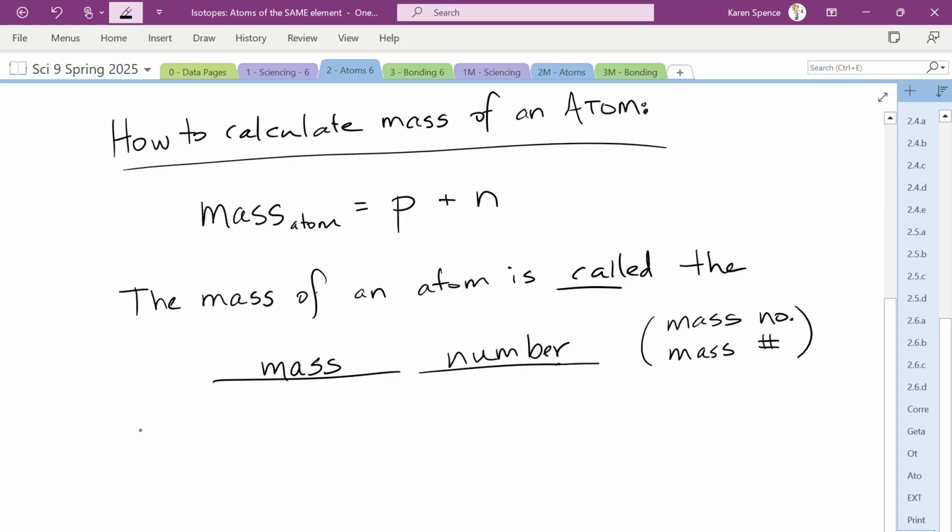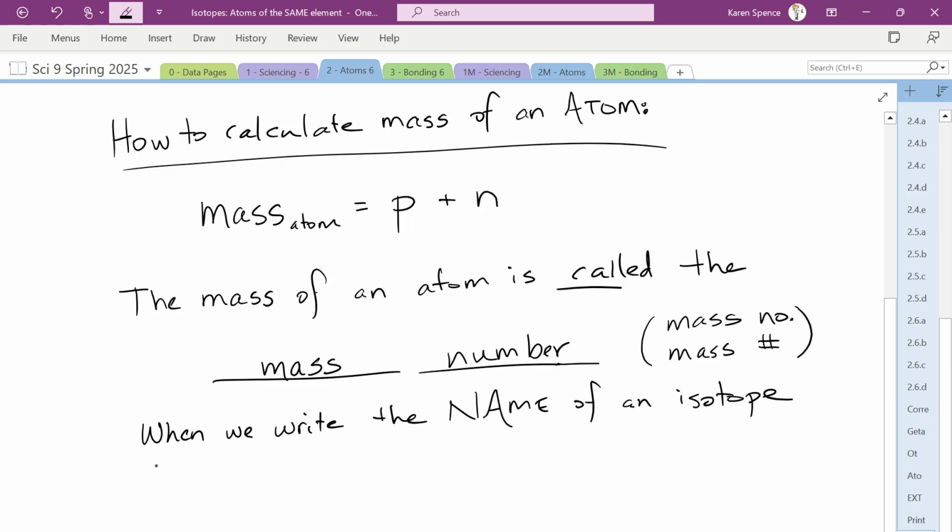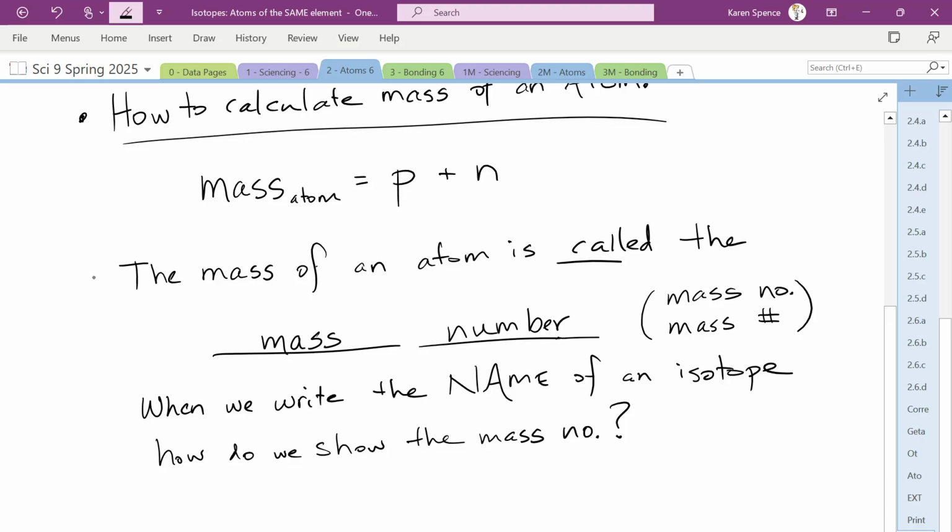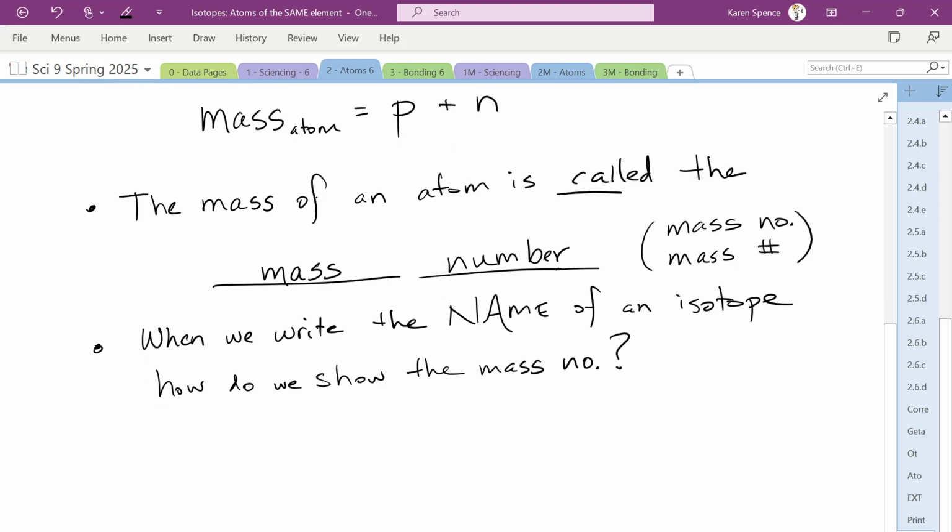And when we write the name of an isotope, how do we show the mass number? This is when we're writing the name.